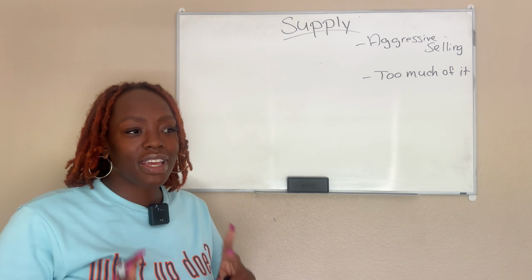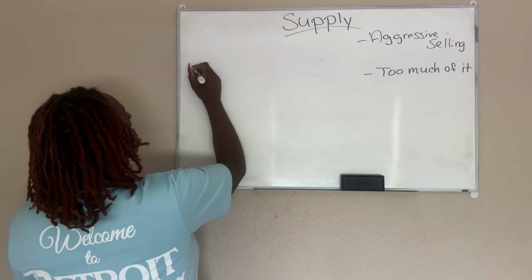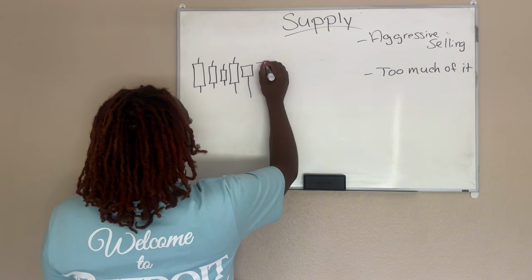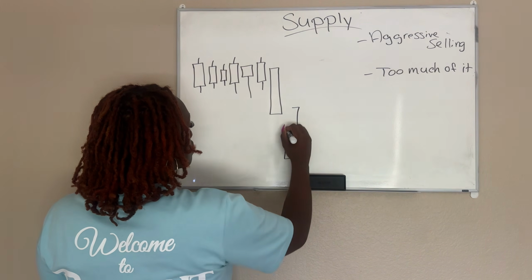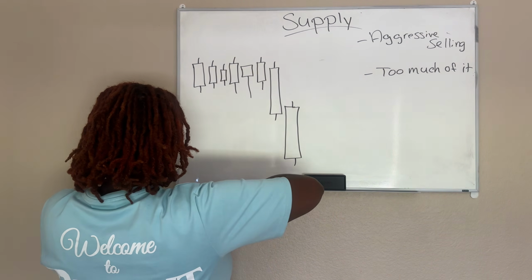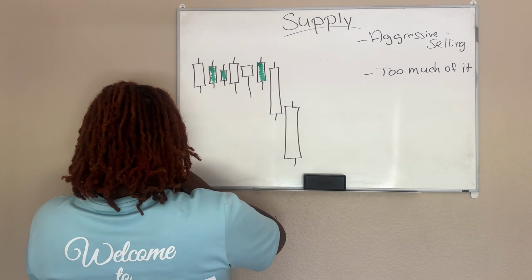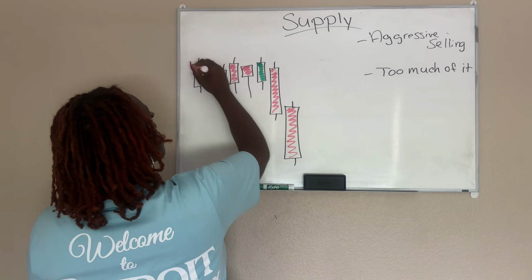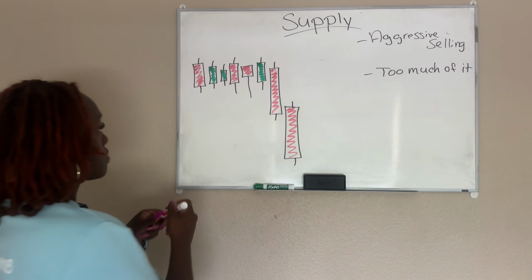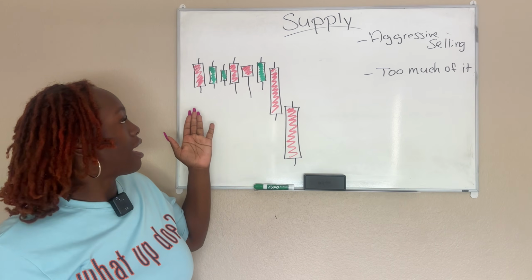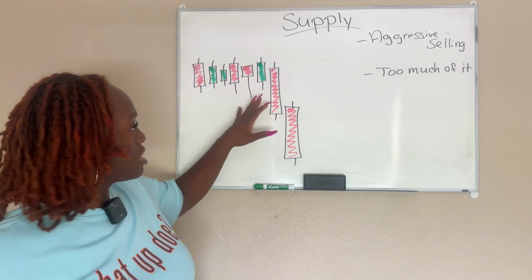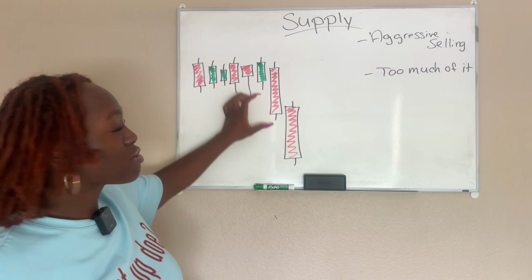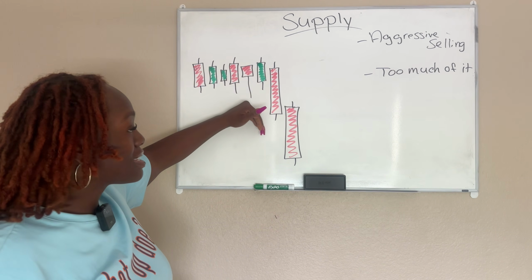But when it comes to the charts, this is what it's going to look like. Now, I just put some random candles up there for this part. But what do you see? You see that you have these two large candles right here that just started selling, selling, selling.